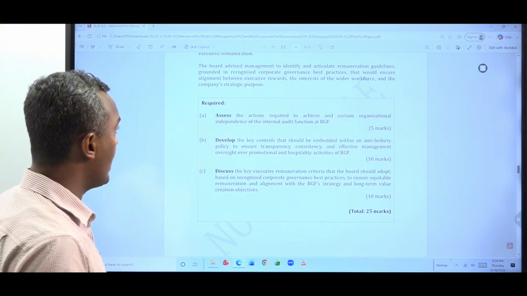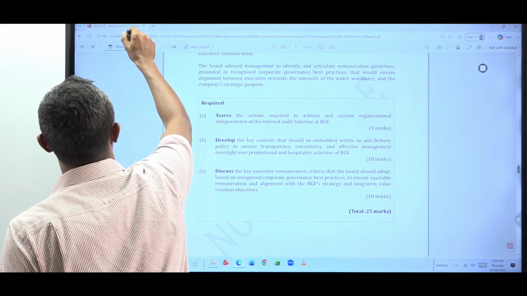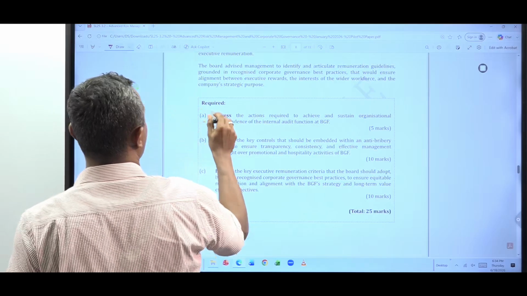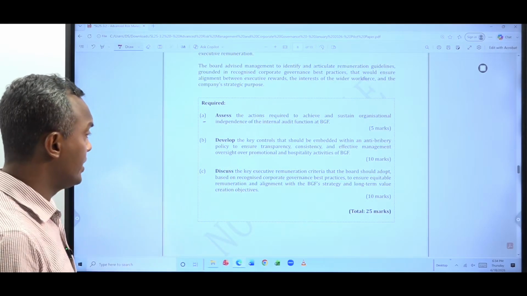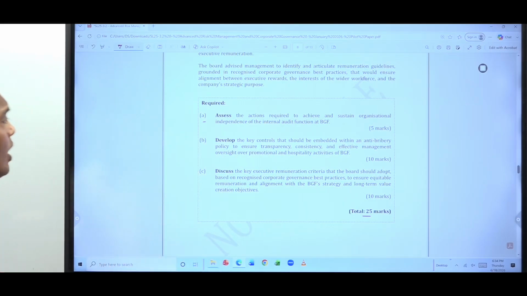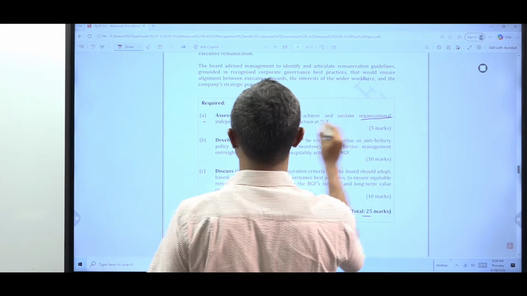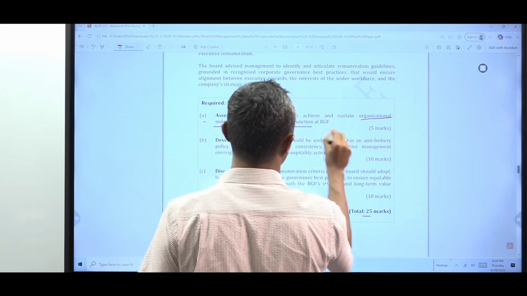Now when you go through that, here, the first, part ABC. So we are looking at 25 marks. Assess the action required to achieve and sustain organizational independence of the internal audit function.